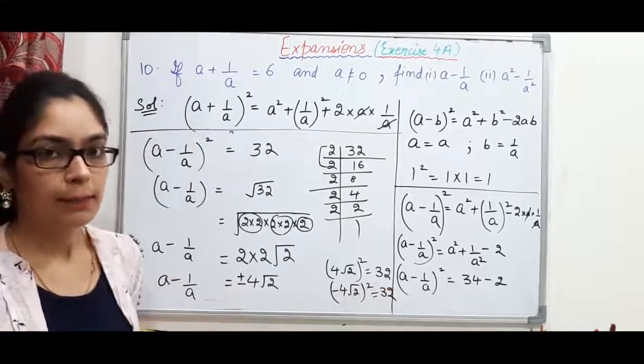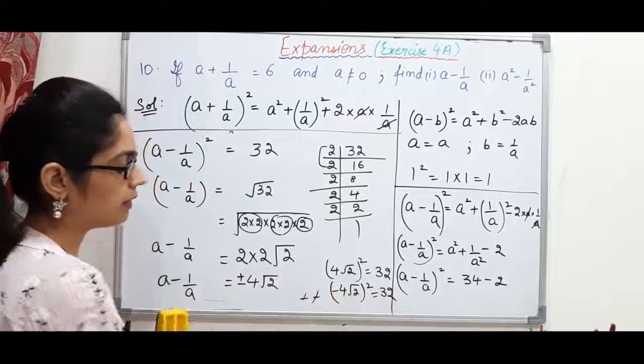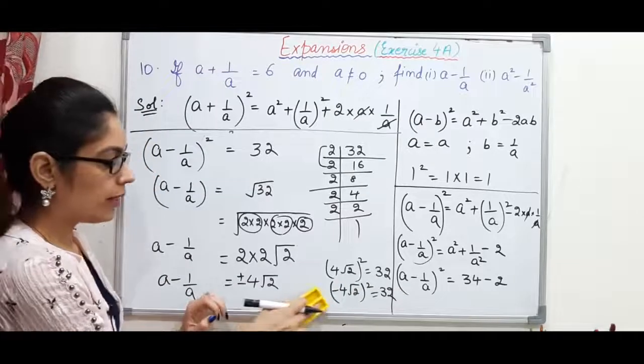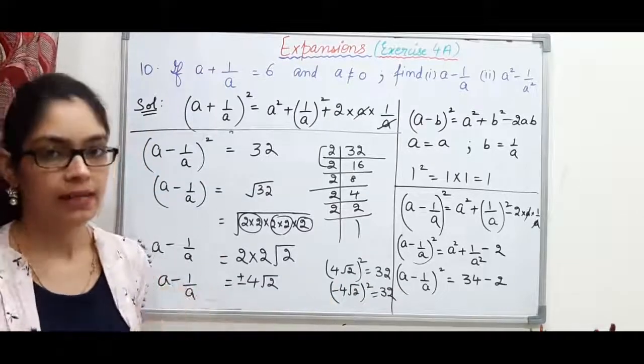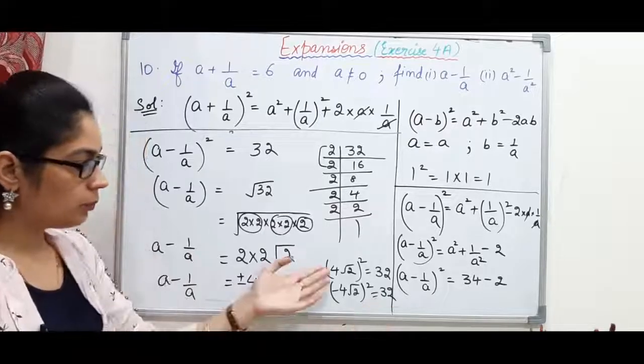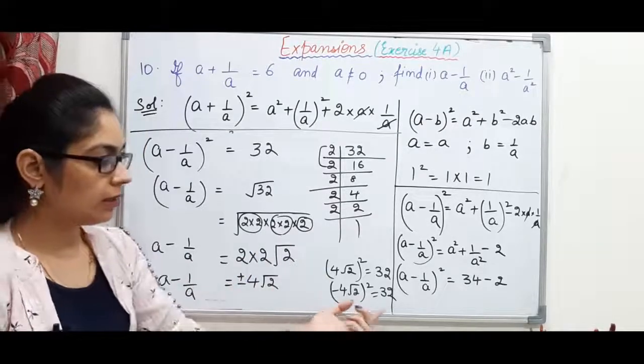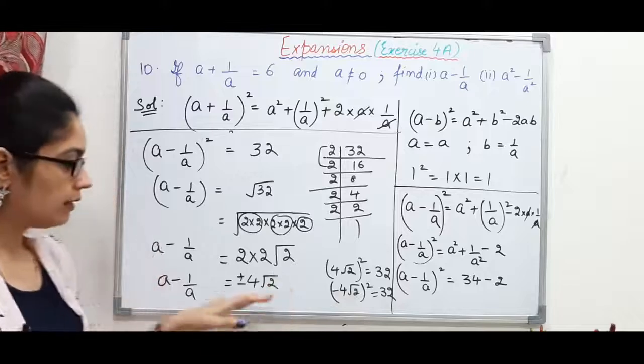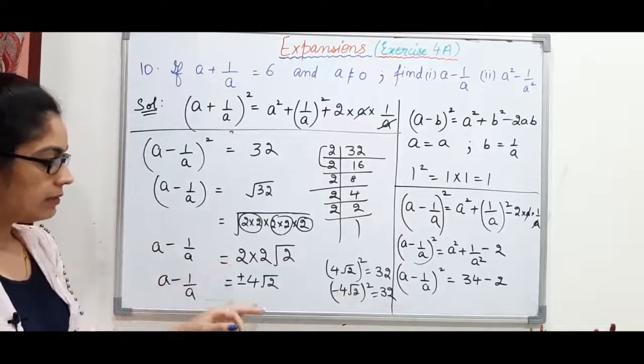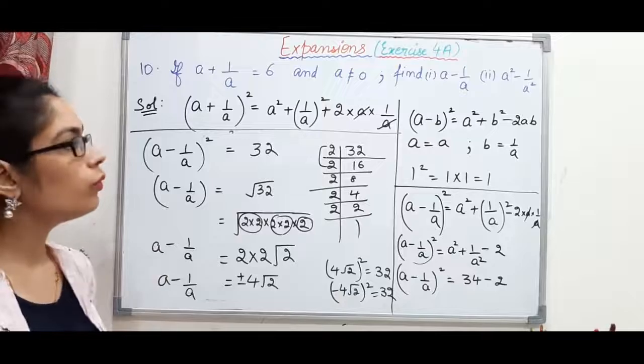Because when we do multiplication, 2 minus signs will get cancelled with each other. So the square of negative terms will also be positive. So both of these numbers will have value equal to 32. That is why a minus 1 by a is equal to plus minus 4 root 2.